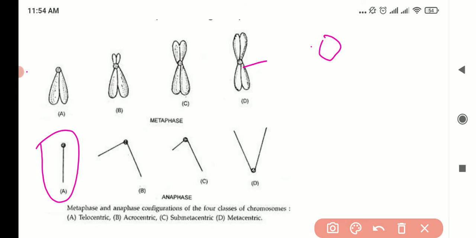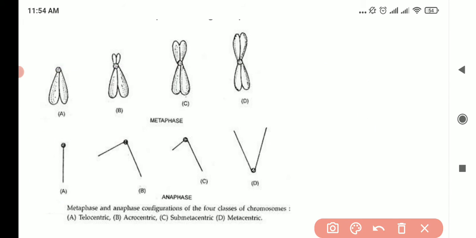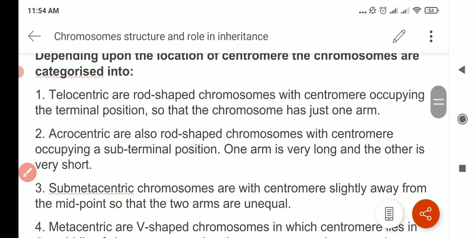They are drawing the centromere the old-fashioned way because it's difficult to draw the constriction. So it looks like an L or I shape, like a rod. The centromere is at the end, so it will have just one arm.